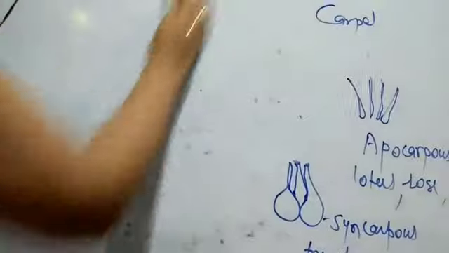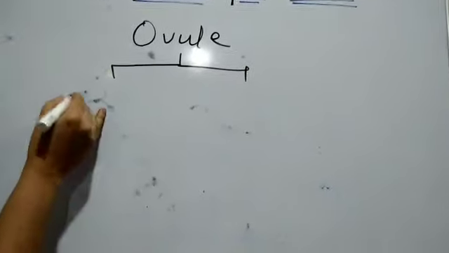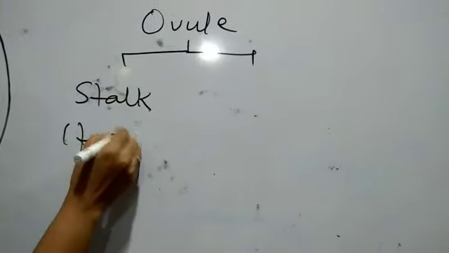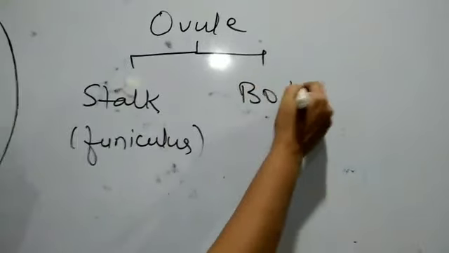The ovule can be divided into a stalk and a body. I will write here: the ovule can be divided into a stalk, which we can call a funicle or funiculus, and a body.